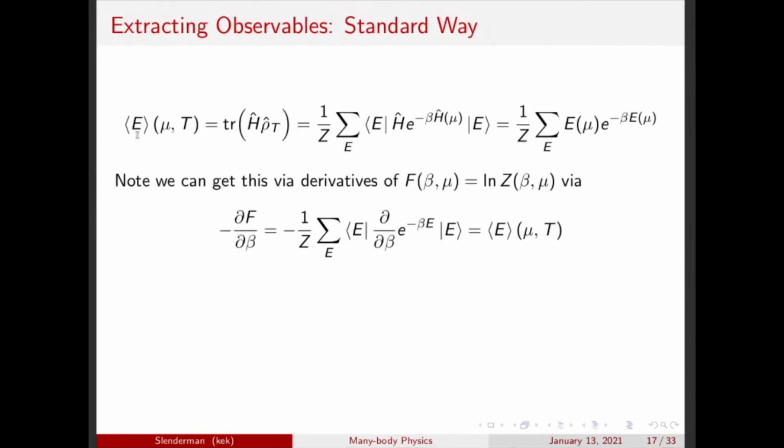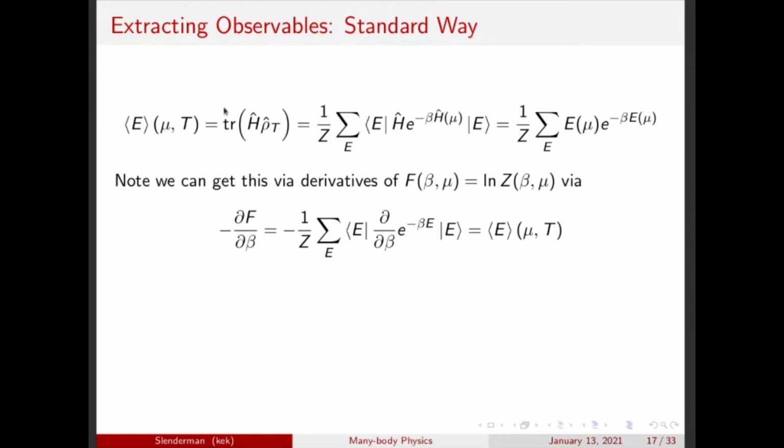So in standard statistical mechanics, you'd get the expectation value of the energy in a variety of ways. Instead of taking the trace of rho, you'd insert the Hamiltonian operator, and it is defined in this way, where I've written this trace in a specific basis.